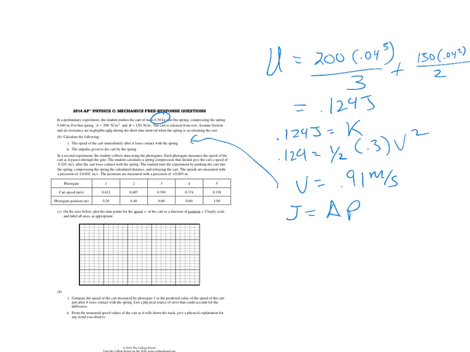So for me, what I did was I just did this right here, which would be 0.3 times 0.91. And if you solve for that, you get 0.27. And you need to make sure you put your units on it. And the unit for that would be a Newton second, 0.27 Newton seconds.